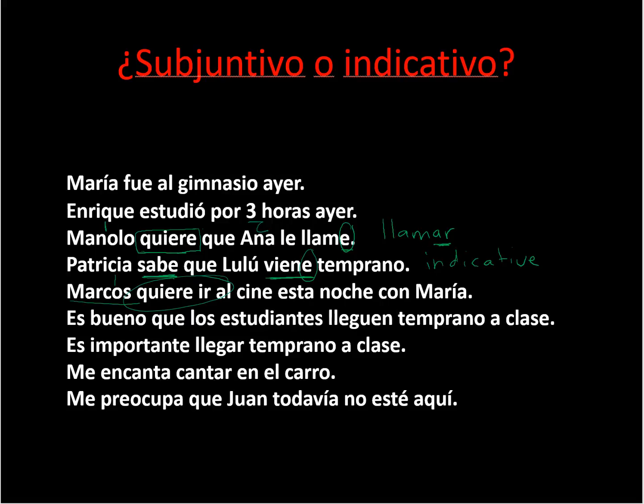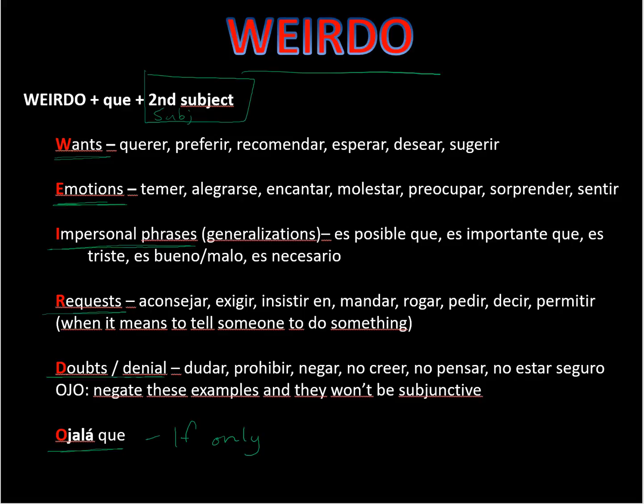Es bueno que los estudiantes lleguen temprano a clase. First clause, es bueno que los estudiantes lleguen. Do we have complex? Yes. Do we have two subjects? Yeah, the first one, it is good. And the second one, los estudiantes. And then lastly, does this contain weirdo? Es bueno?